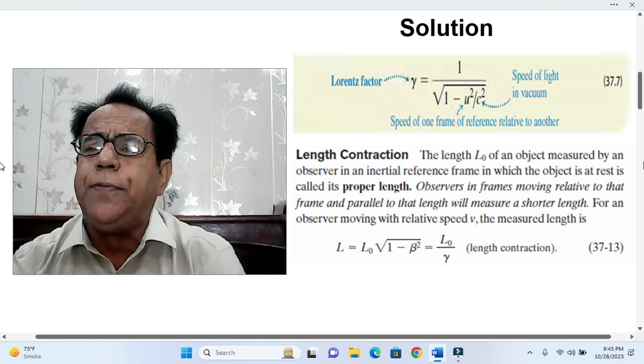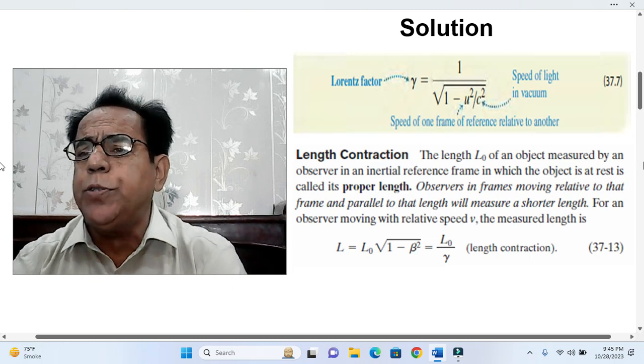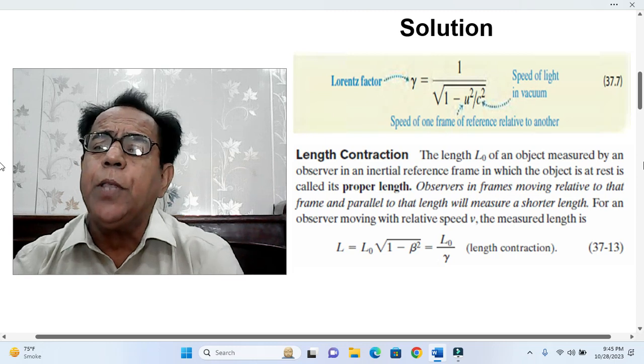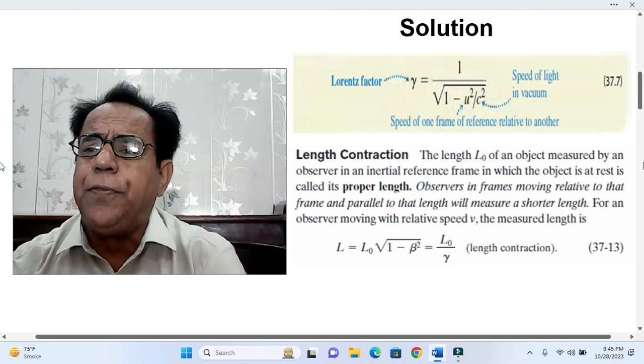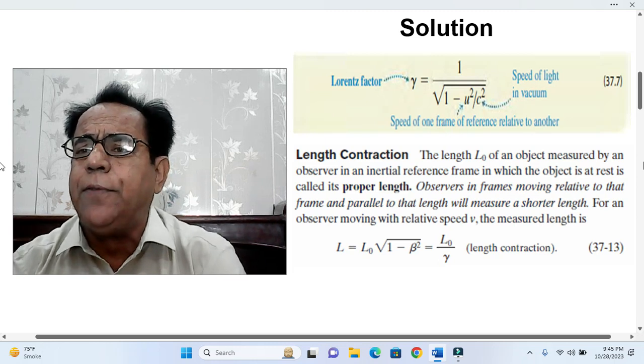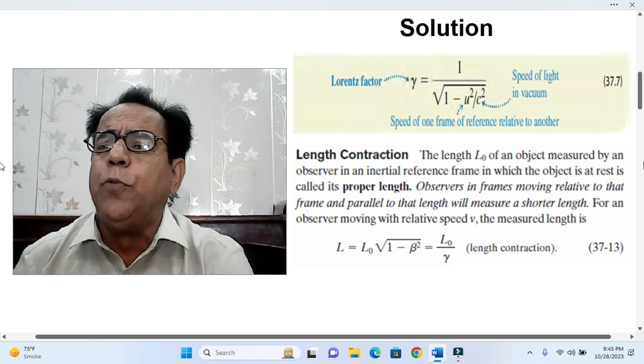Lorentz factor gamma is equal to 1 over under root 1 minus u square over c square, where u is the speed of one frame of reference relative to another, while c is the speed of light in vacuum.